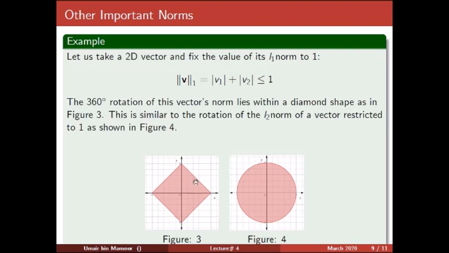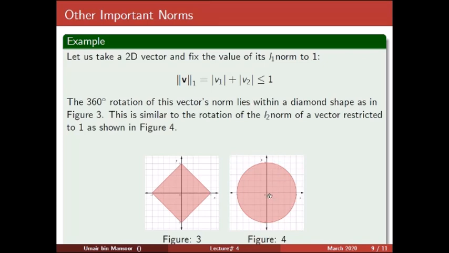Here, the word length, don't mistake it with the distance of the vector. It's basically the L1 norm. With respect to distance, you have to see the L2 norm.